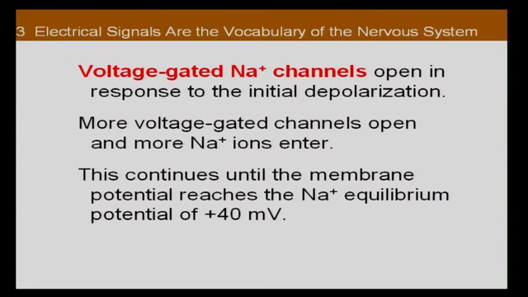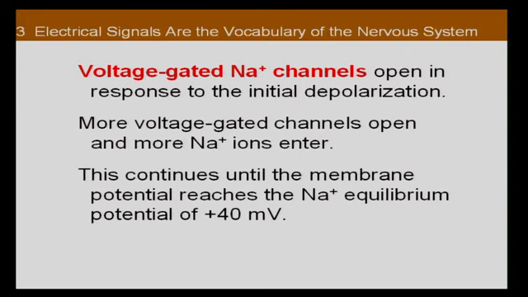Right now we only had the sodium-potassium pump, and we had the potassium channel open all the time. Now we're going to add to our membrane the voltage-gated sodium channel. This channel is open in response to the initial depolarization. That is, it's open when the neuron gets to its threshold of negative 40 millivolts.